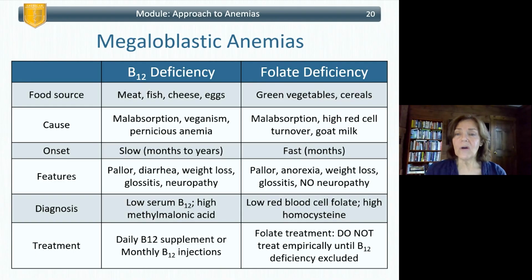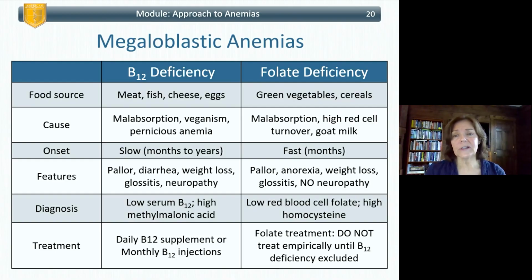In folate deficiency, this might be on the boards or not, infants who exclusively consume goat milk will have folate deficiency. So it's very important to ask about dietary history for both of these. For B12 deficiency, the onset is slow, because B12 stores last for about a year in the body before you realize that you're very low.